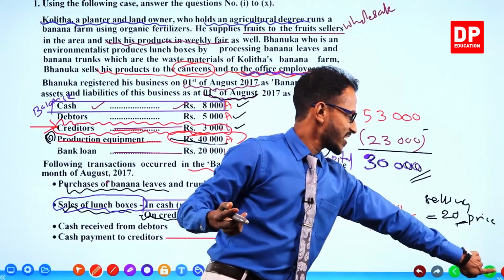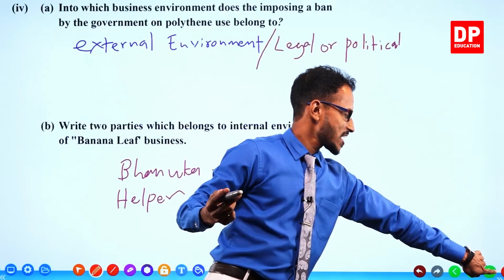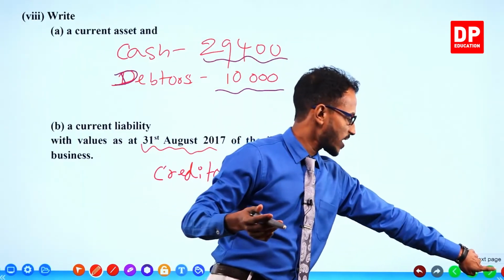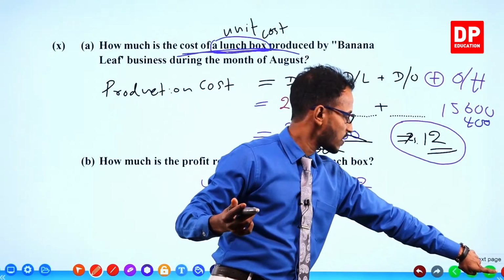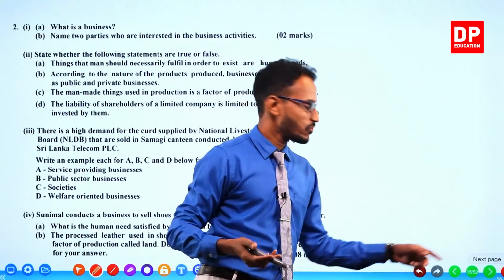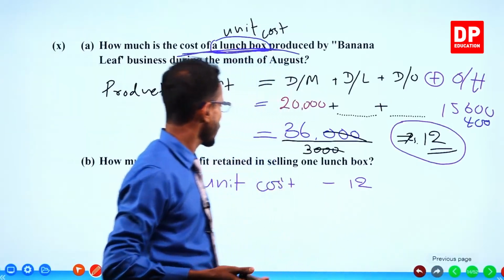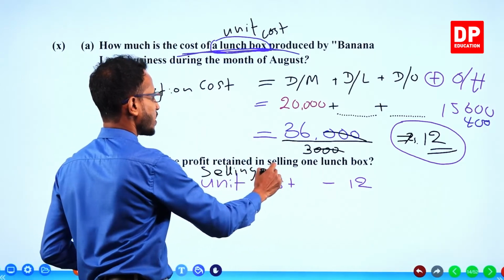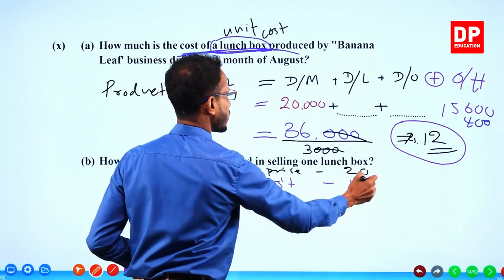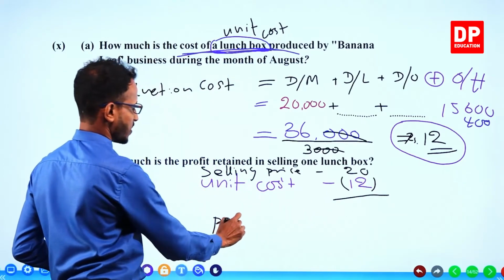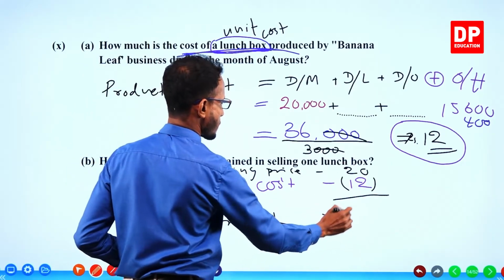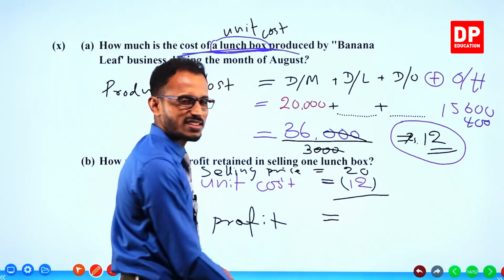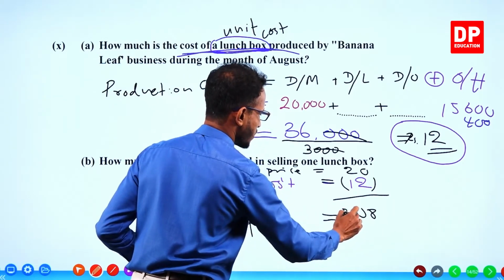So, an item which costs 12 to produce, if that item is sold for 20, if the selling price is 20, how much is the profit? 20 minus 12, it's 8 rupees.